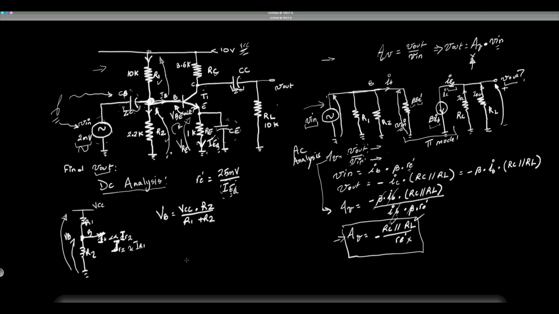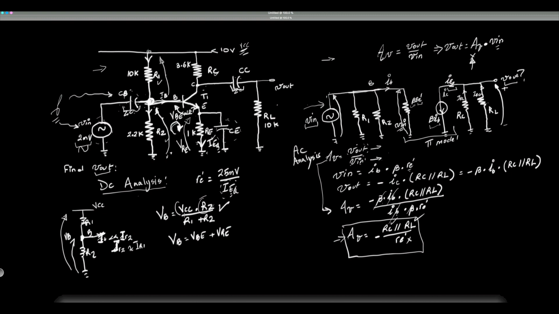Okay, what can we do with that? Well, we also know, like I said before, from this node analysis right here, that VB will be equal to VBE plus VRE. Okay, so great. Can we find VB? Absolutely.